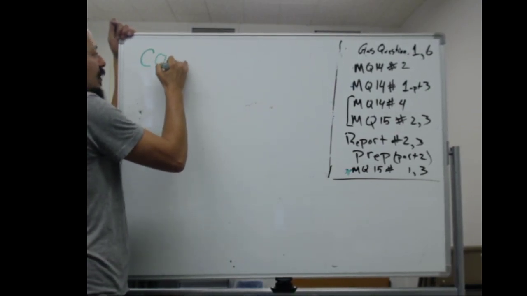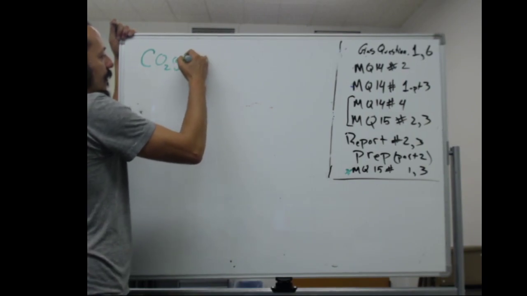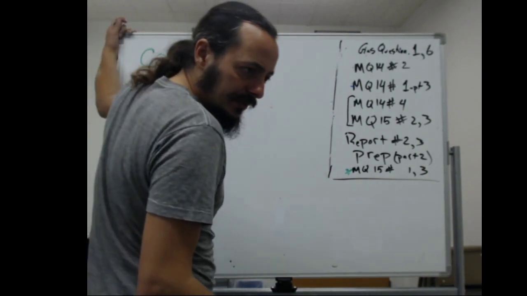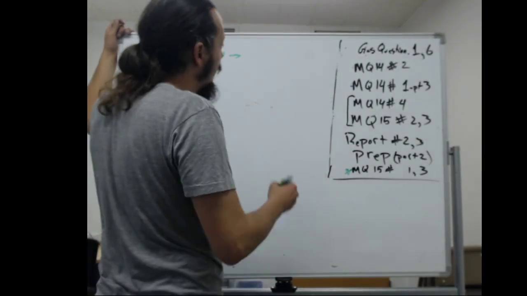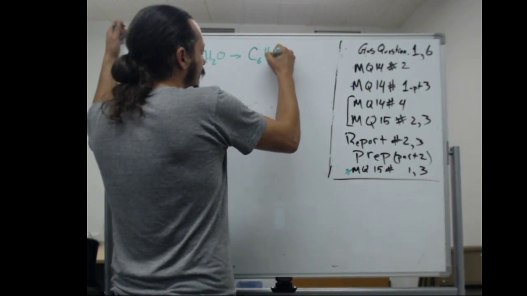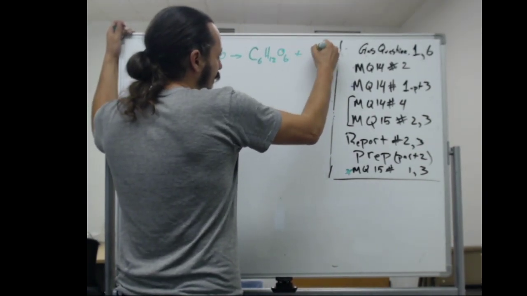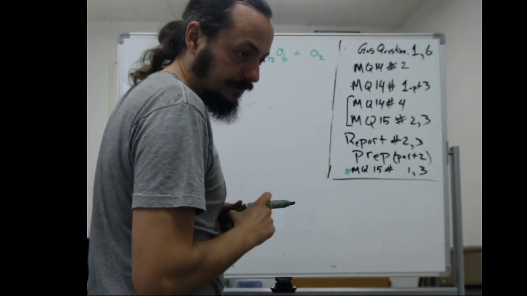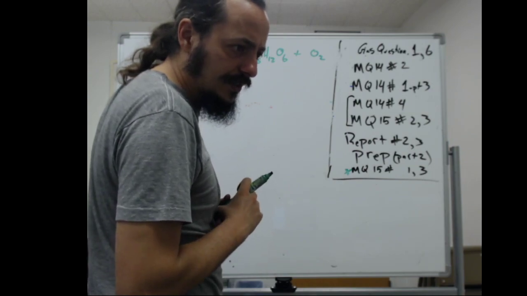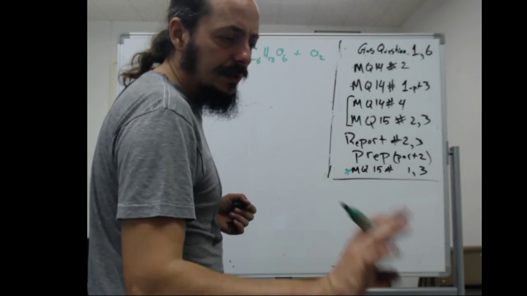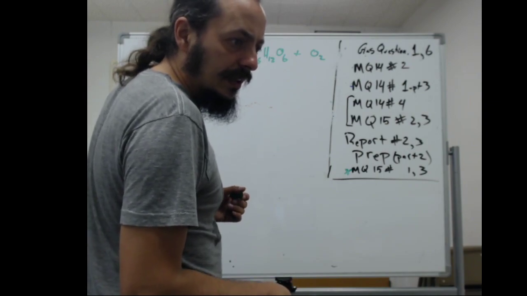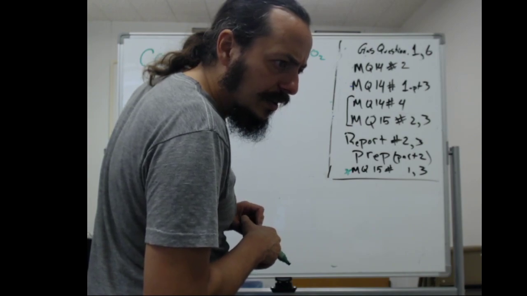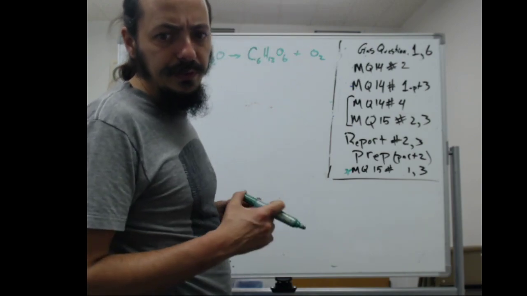We're going to have CO2 plus H2O forms C6H12O6 plus O2. We're going to use the bond enthalpies in the equation sheet. And there's something about the reaction that produces 3.7 moles of glucose, and we want to figure out the energy in kilojoules for a certain amount of this happening.